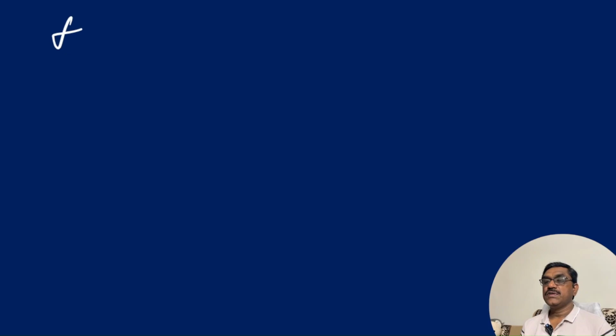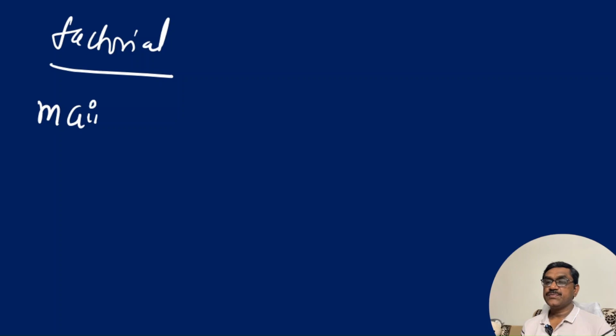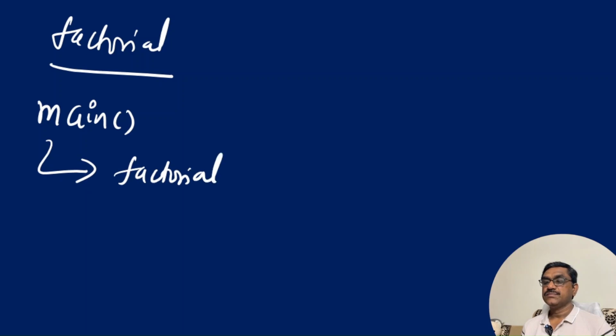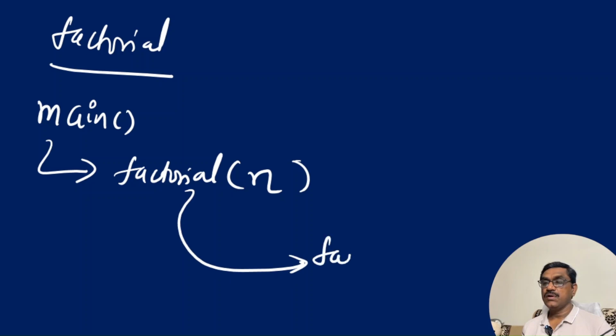For the factorial of a given number, while writing the program, the execution of the C program starts from main, and main is going to call the function called factorial. Factorial is going to take some input n, and factorial is again going to call itself.